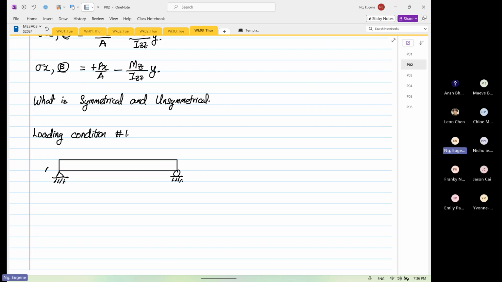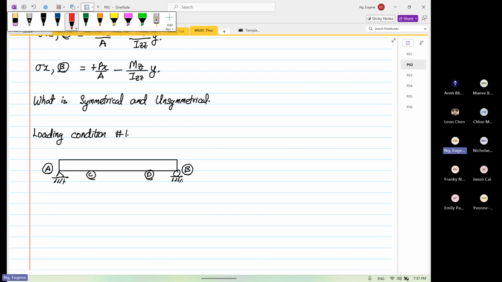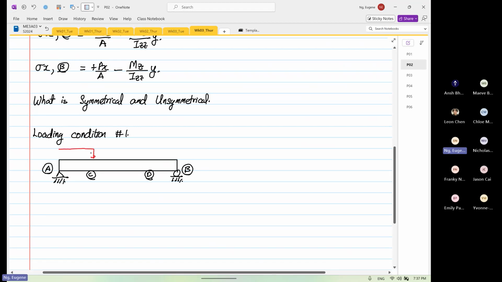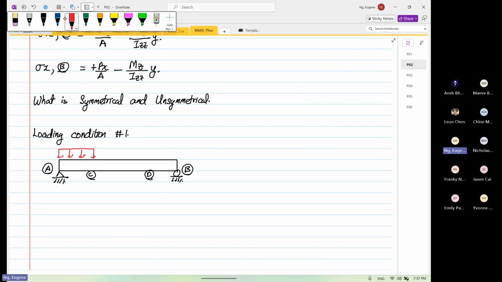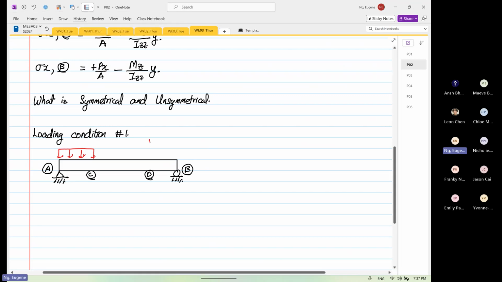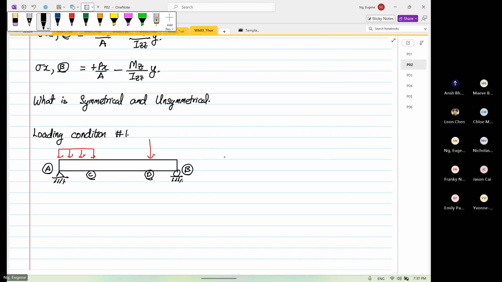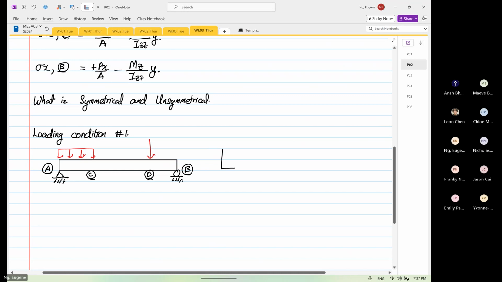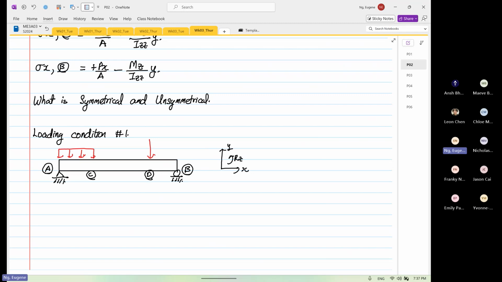Okay, so this is point A, this is point B, and then we have a point C, and we have a certain point D. Okay, so from A to C, we have an evenly distributed load. And at point D, we have a point load. Okay, and I'm going to draw our transformation. This is X, Y, and rotation about Z.